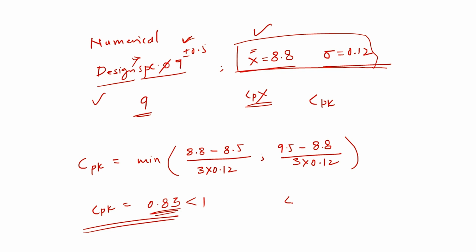I should get at least 1.5. 2 is best, but at least I should get above 1.25. Around 1.5 I should get. Then only can the machine be used for production of the part. Otherwise, it will produce more rejected parts and the process will not be economical.